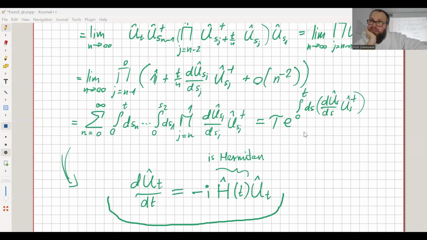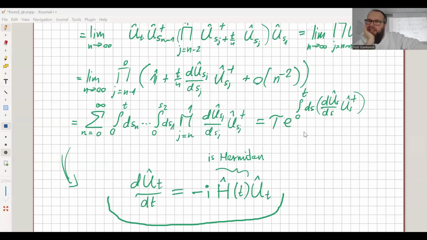But the Schrödinger equation has one parameter. Can we take the other path and get some differential equation for the two-time correlation or not?